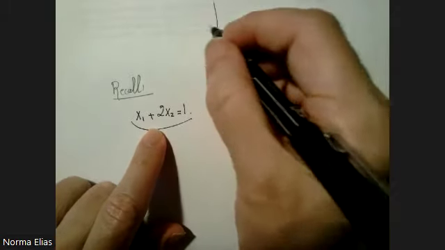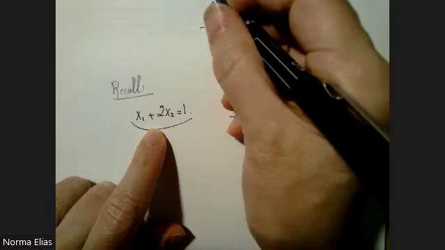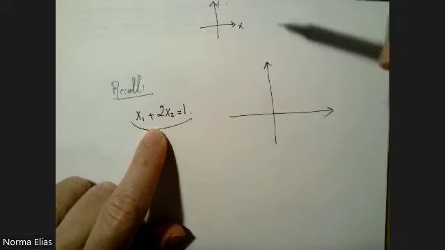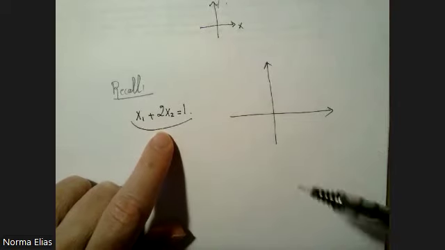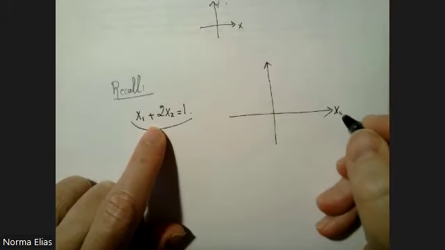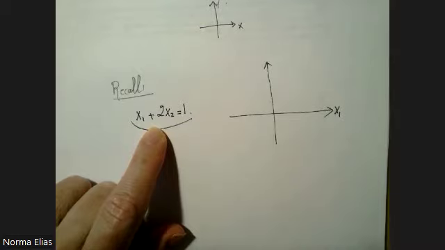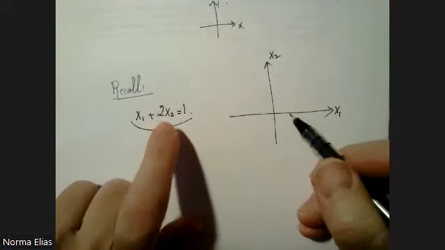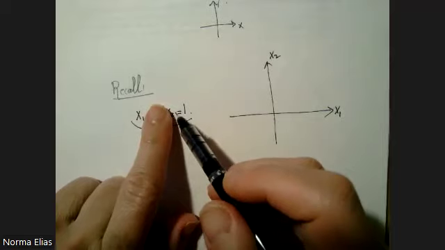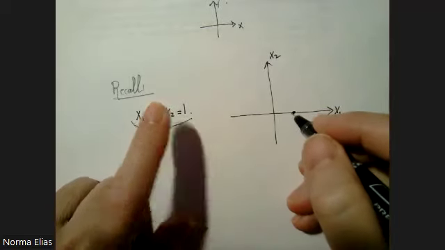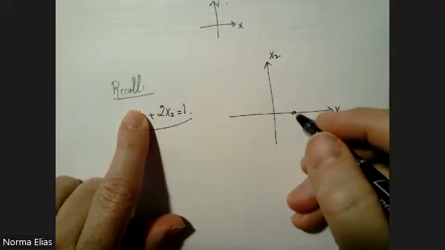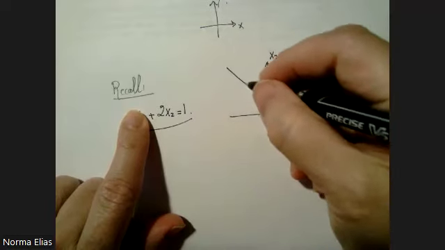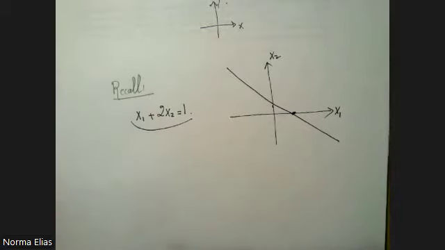Now, we are used to calling this x and this y. In this class, sometimes we use x and y, and sometimes we call this the x1 axis and this the x2 axis. So with this in mind, every solution is a point on the following line. I draw the line: x2 is 0, x1 is 1; x1 is 0, x2 is a half. Every solution is a point on this line.